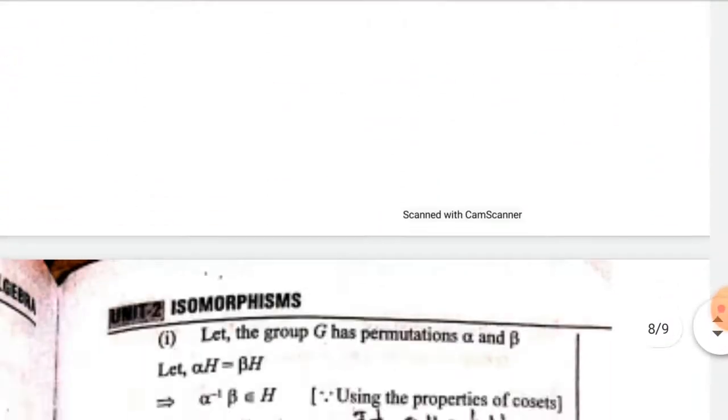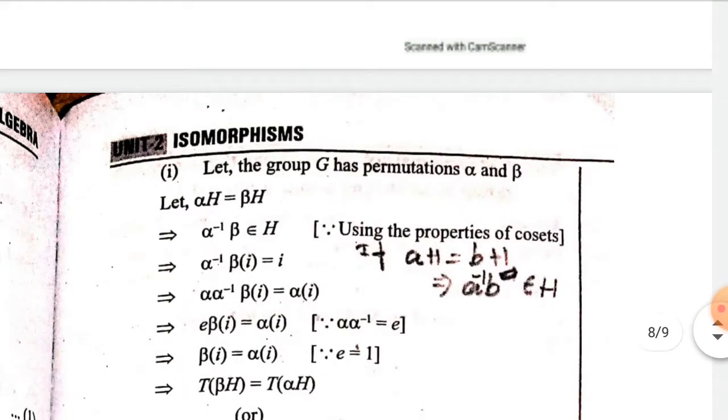Here the element alpha inverse beta belongs to H, which is the stabilizer G of i, so the same form applies.